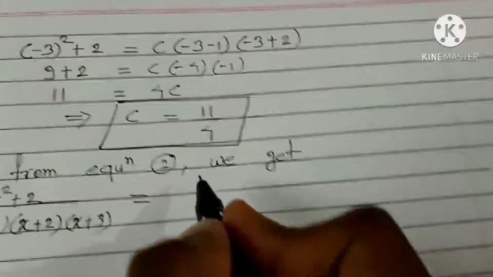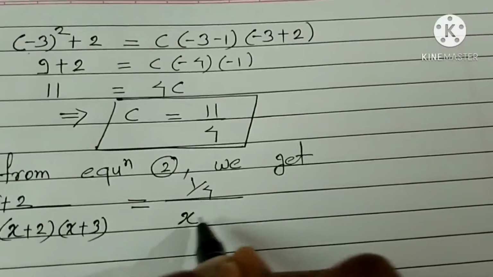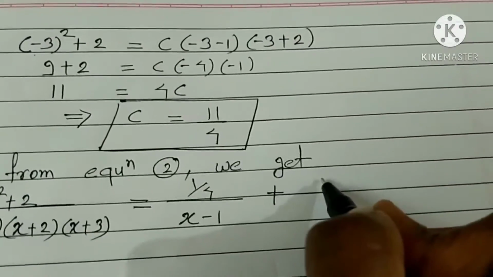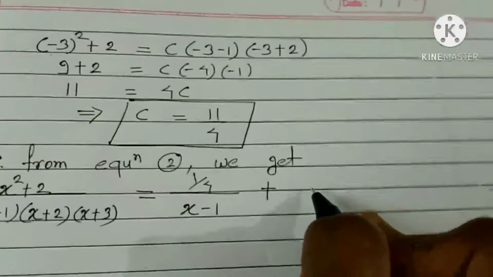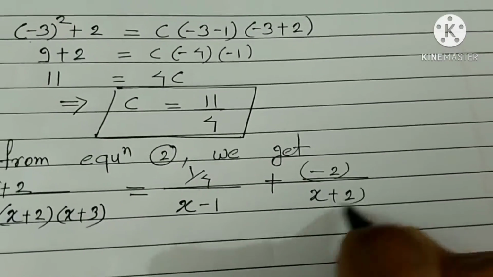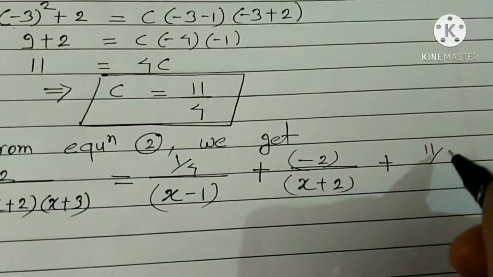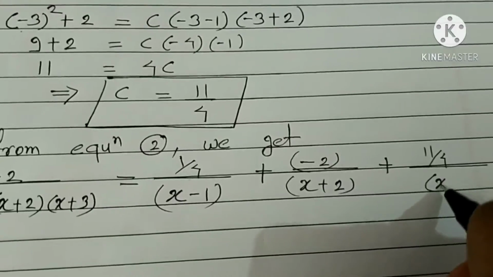Now put the values of A, which is 1 by 4 upon x minus 1, plus the value of B, which is minus 2 upon x plus 2, plus the value of C, 11 by 4 upon x plus 3.